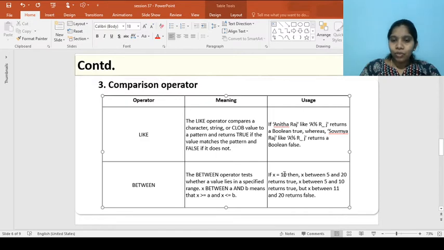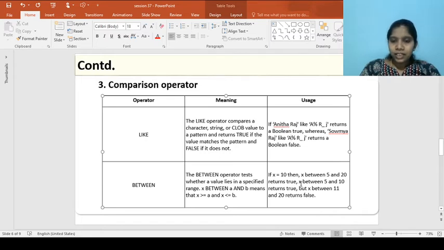Our value of X is 10. This 10 is greater than or equal to 5 and less than or equal to 20. Yes, it matches the condition, that means it lies between 5 and 20, hence it returns the boolean true value.